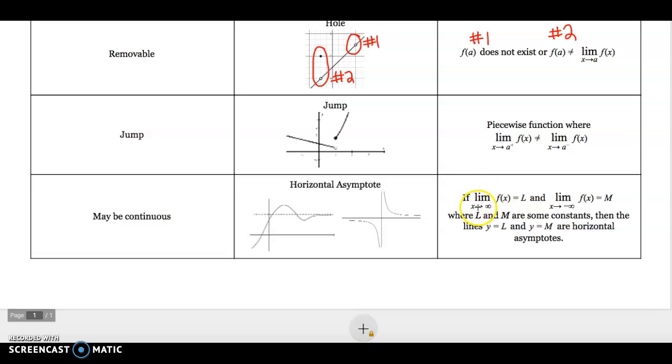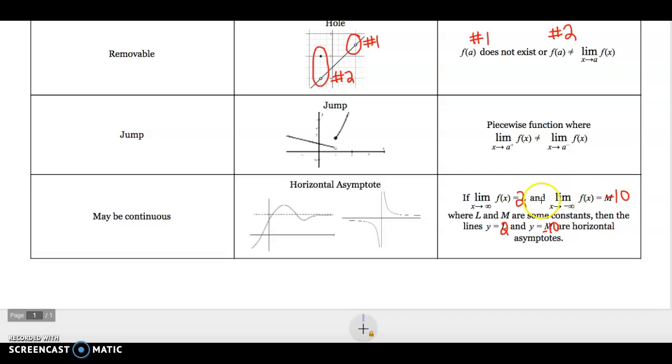If you go to positive infinity, your graph would approach some constant L, or at negative infinity, you'd approach some constant M. And then we would say that those lines, y equals L and y equals M, are horizontal asymptotes. If it makes you feel better to put in actual numbers here instead of L and M, you may. So you could put in like 2 or negative 10, and that means that y equals 2 and y equals negative 10 would be horizontal asymptotes.